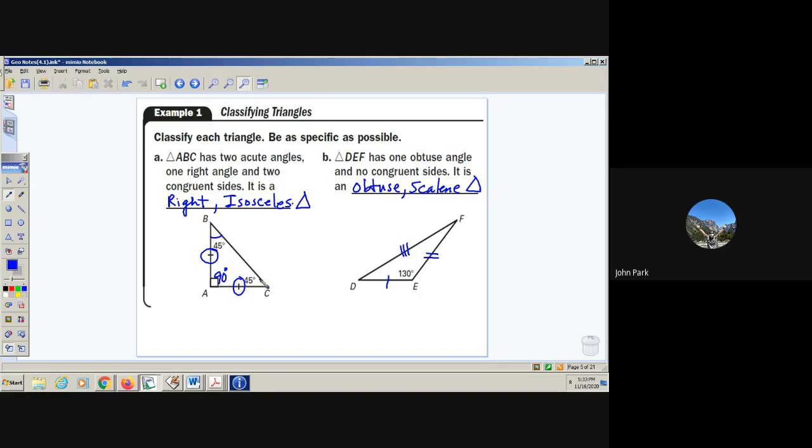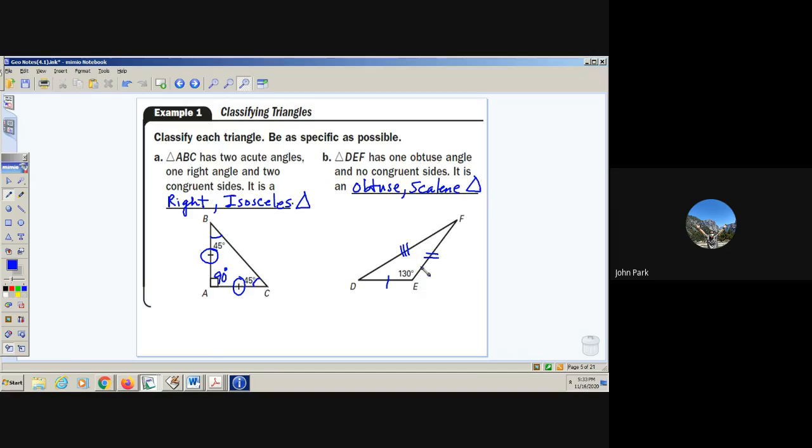So not only those two sides are congruent, but those two base angles are also going to be congruent. They're always going to be the same. When the two sides are the same, making it isosceles, then the two angles are also congruent. So this is a right triangle as well as an isosceles triangle. So you put them together. So this is a right isosceles triangle, right?